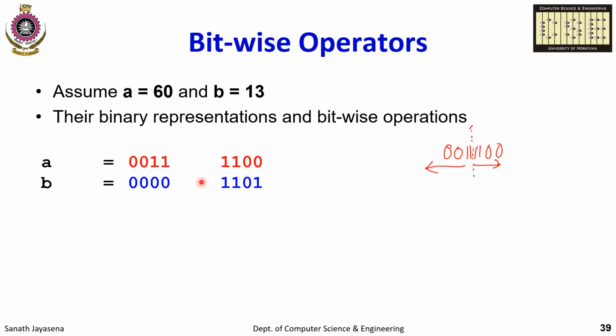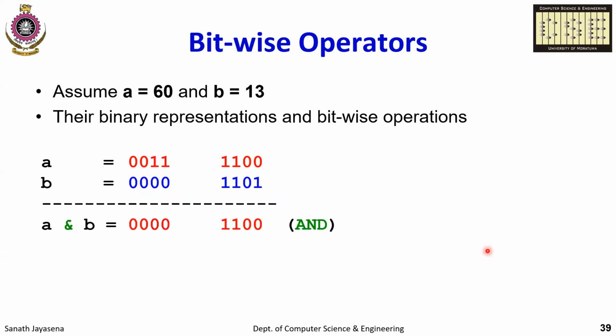But it's actually 0, 0, 1, 1, 1, 1, 0, 0. That's the value 60 represented in binary with 8 bits. So the first 2 digits are 0. In a similar manner, the value 13, when you represent it as an 8-digit binary number, will be like this. That's the value of B.